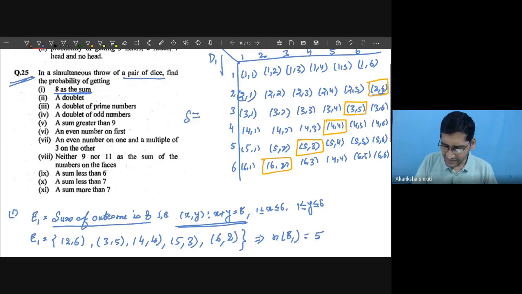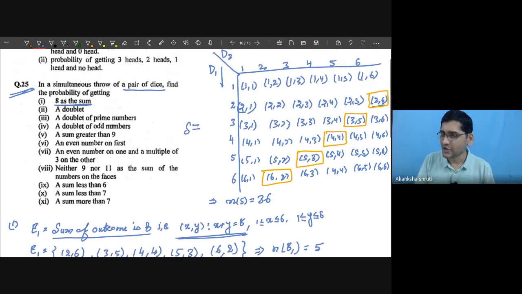And n(S), the sample space, last day we had also written, or you may count all these pairs, you will get 36, because 6 rows, 6 columns. So 6 into 6 is 36.